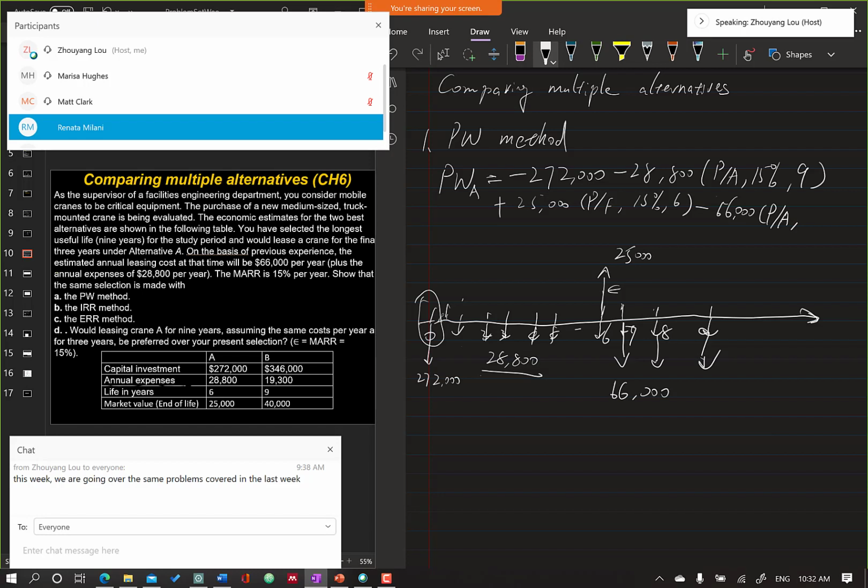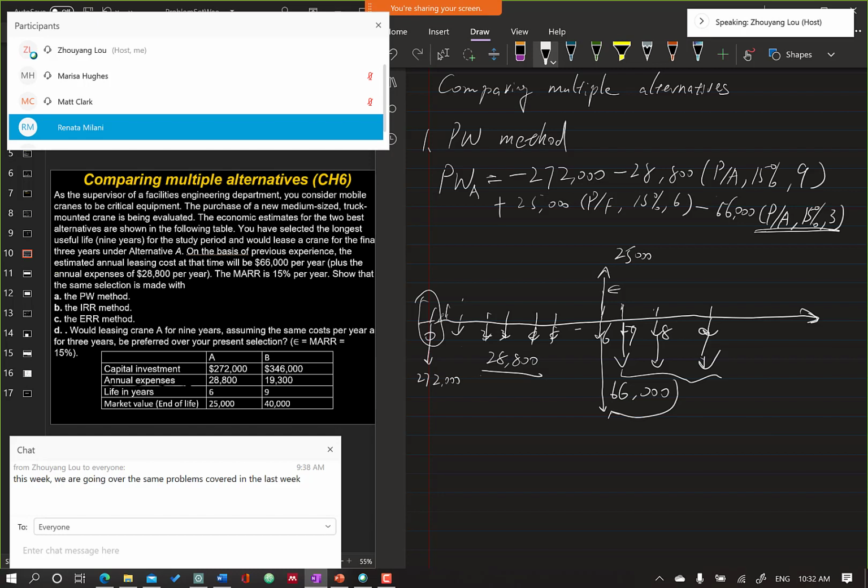Find the present worth, but this present worth is not at year 0. This is a 3-year annuity. It's not at year 0, but instead, these will be converted to year 6 first using this factor.